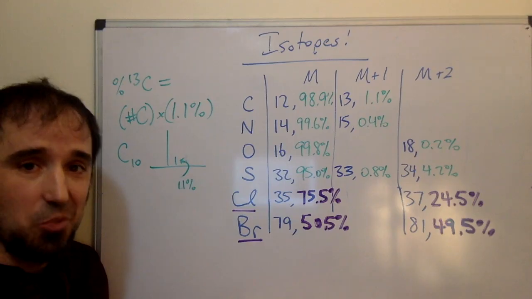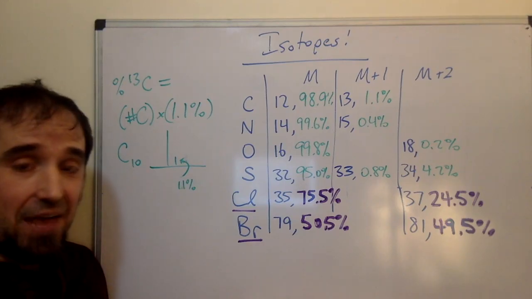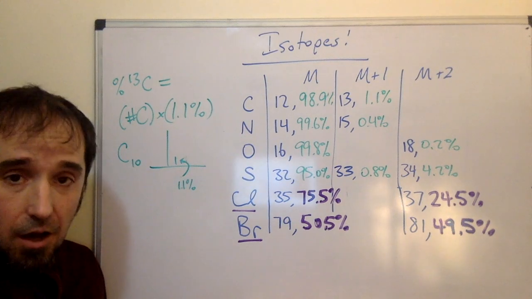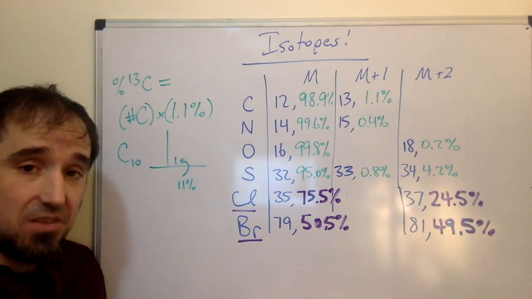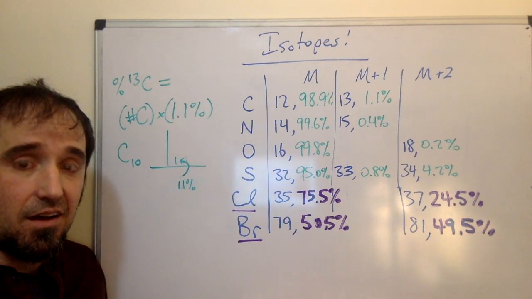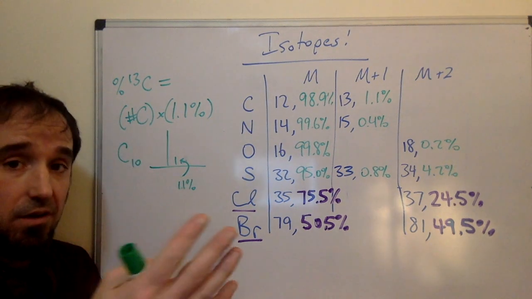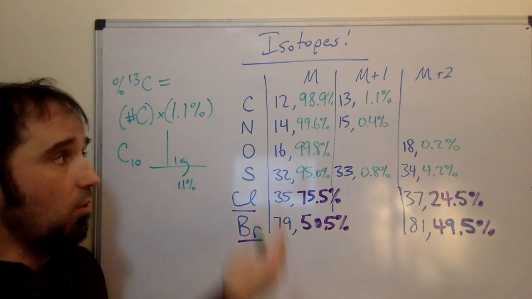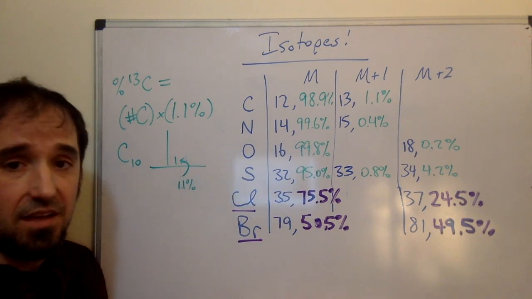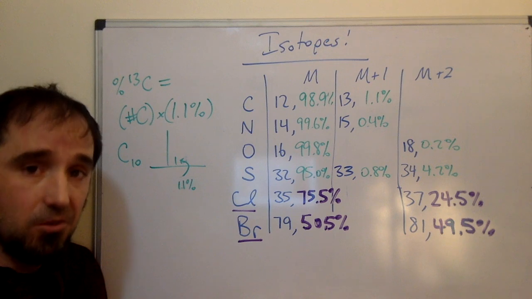Let's talk about isotopes. So different atoms occur in different amounts of isotopes, and we can sometimes use that information to interpret our mass spectrum. So for instance, carbon is usually carbon-12, but 1.1% of carbon is C13.